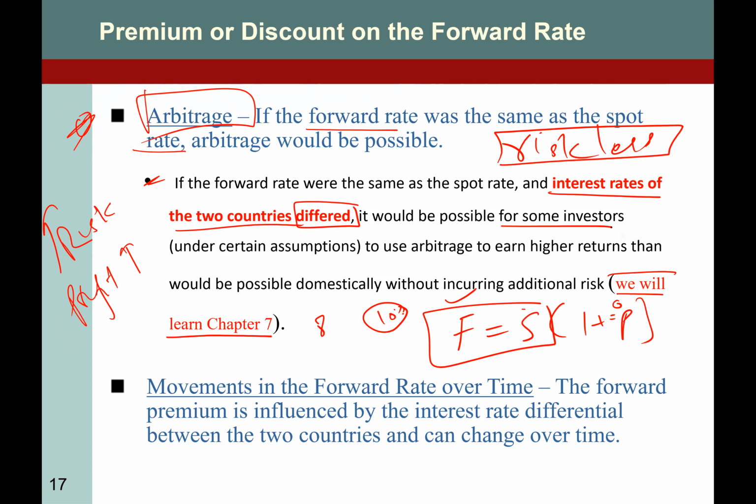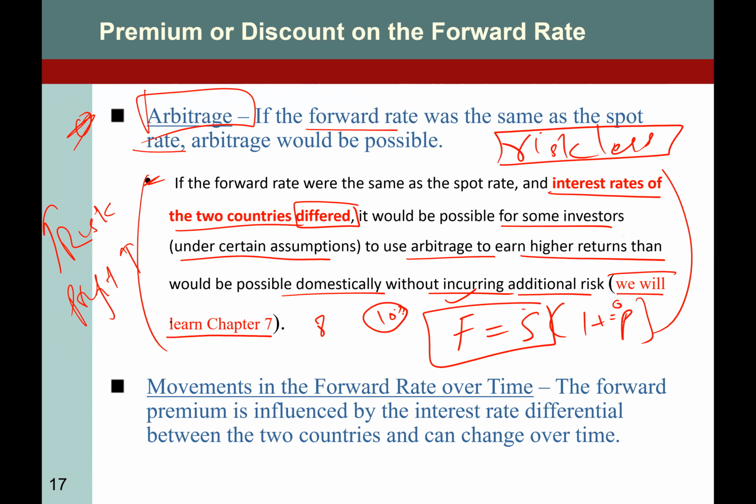It is possible for some investors under certain assumptions to use arbitrage to earn higher returns than would be possible domestically without incurring additional risk. So if you don't understand all this stuff, when we talk about the parities in international arbitrage, over there we'll talk about this extensively.